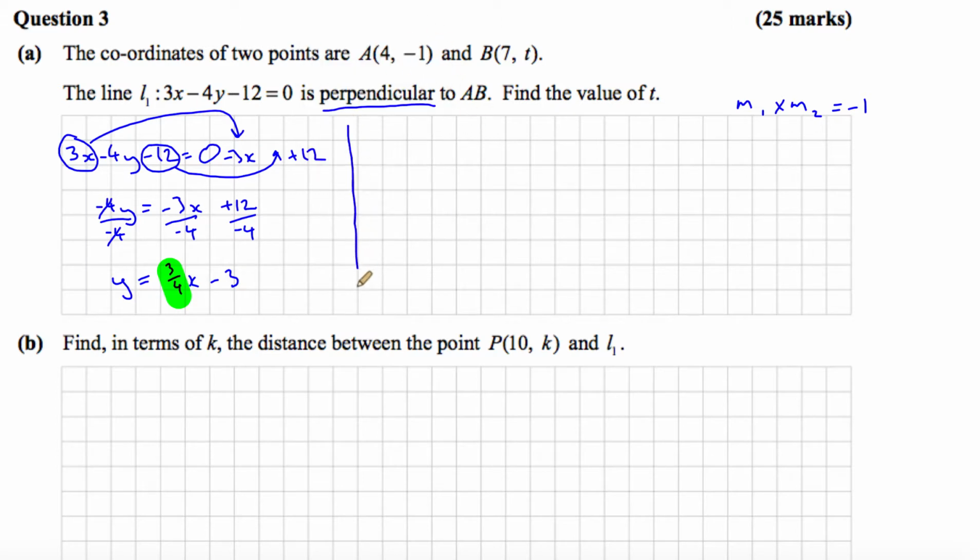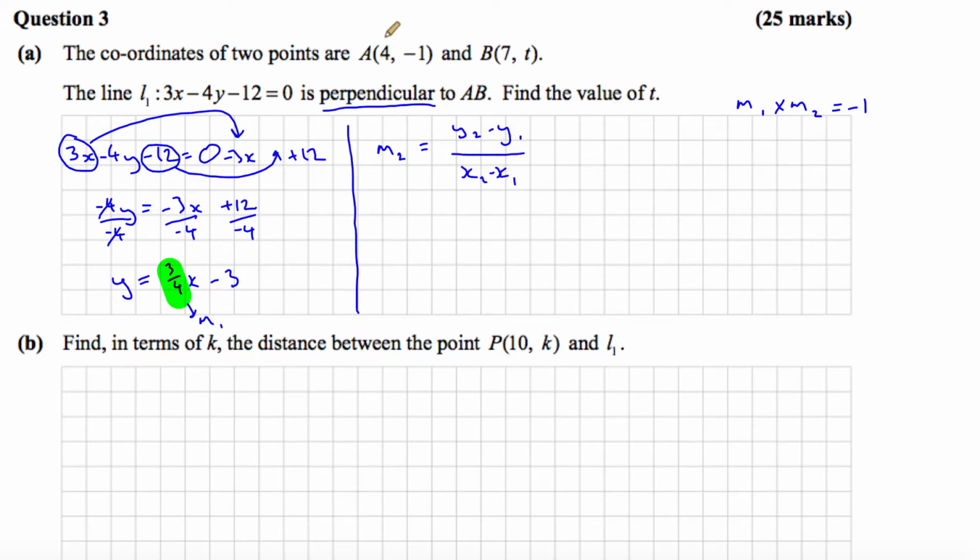Now, the slope for this line here, we can use the slope formula. So that's our m1, we'll call that for L1. Our second slope is going to be given to us by the formula (y2 - y1) over (x2 - x1).